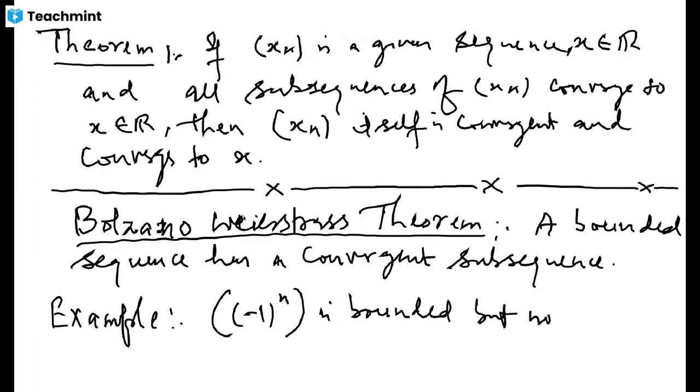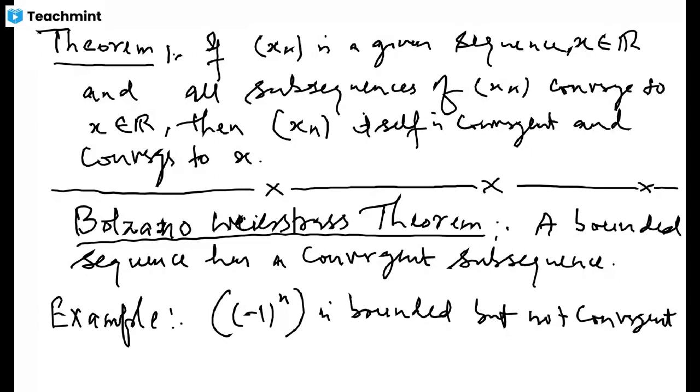So the Bolzano-Weierstrass theorem doesn't assert that a bounded sequence is convergent. It only says that a bounded sequence will have a convergent subsequence. It will definitely have at least one subsequence which is convergent.